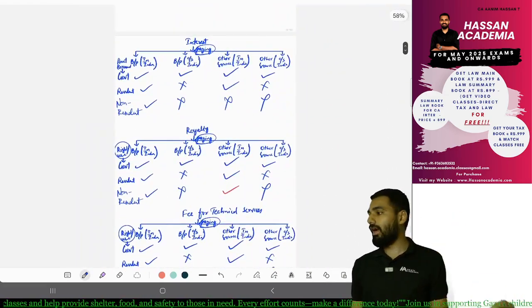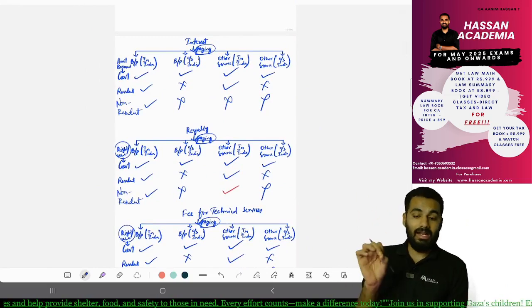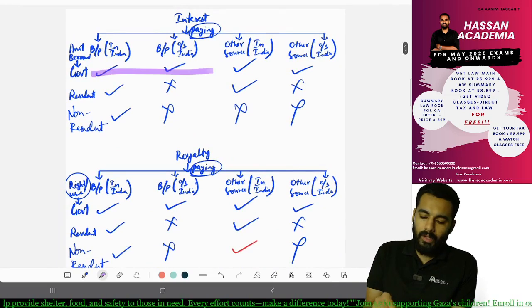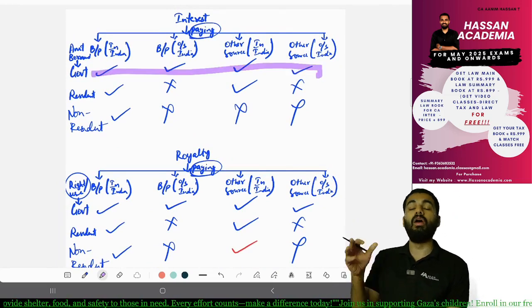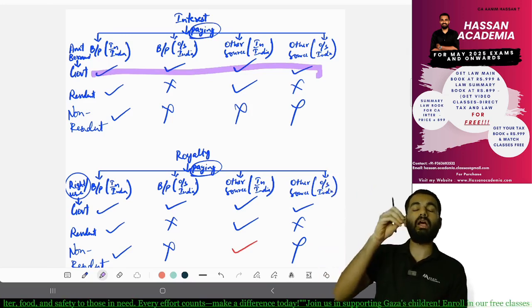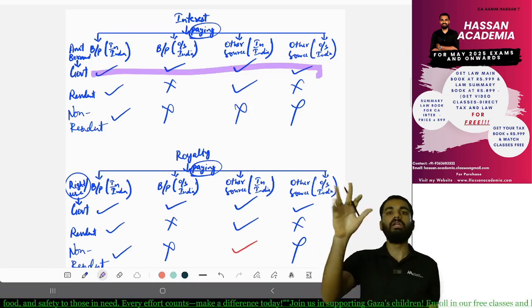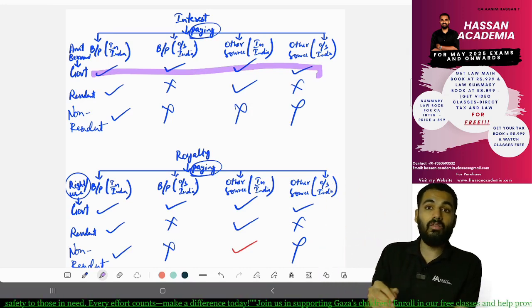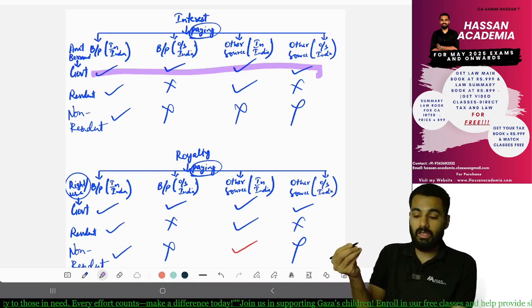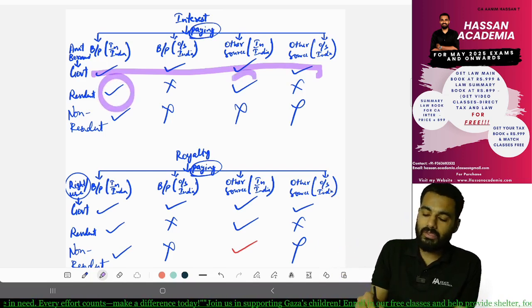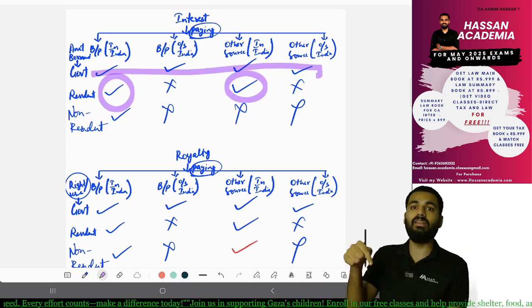Now, again a summary. Interest. Government, you don't have to worry at all. Where you are investing, or business or profession or other than business or profession, nothing matters. If government is paying interest, it gets accrued. If a resident is paying interest, or a non-resident is paying interest, then you have to see whether business or profession or other than business or profession is in India.